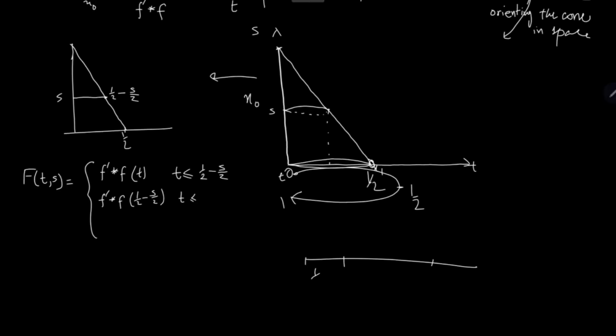This amount is half minus s by 2, this amount is half minus s by 2, this amount is s, so half plus s, yeah, up to t less than or equal to half plus s, and this would be f dash star f of t for t greater than or equal to half plus s by 2.